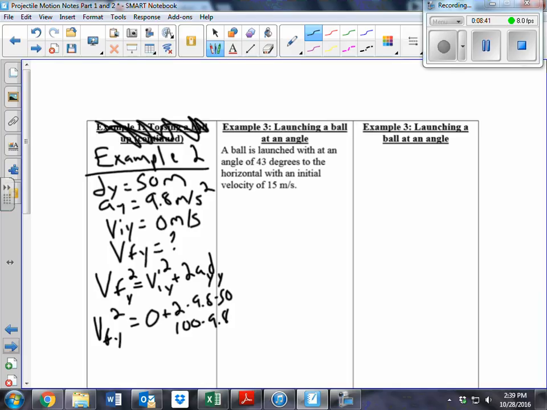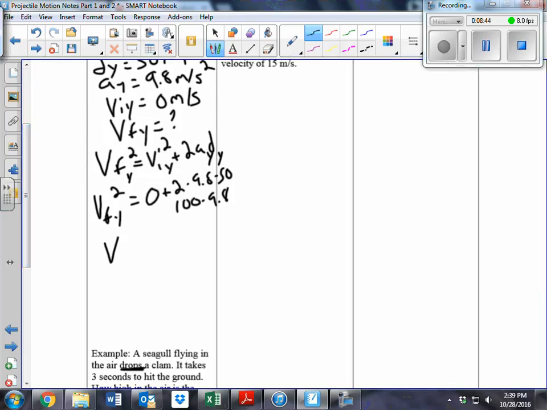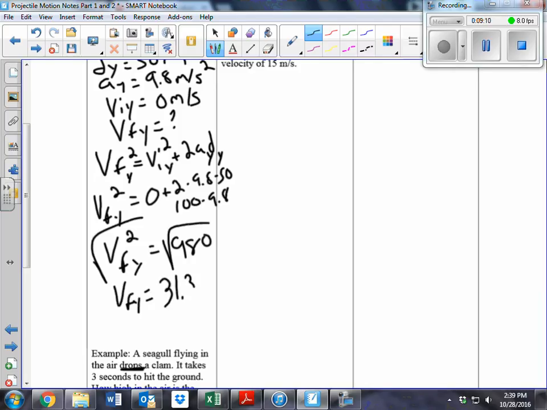So VFy squared equals 980. And then I square root both sides to get rid of the square. The square root of 980 is going to be 31.3. So the final velocity in the y direction is 31.3 meters per second.